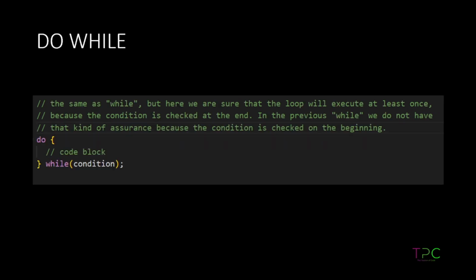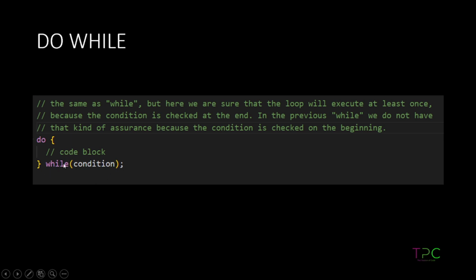Okay, and the last, do while. This is actually the same as a while, but here we've got some assurance that this kind of loop will be executing at least once, because first we put the do keyword, then curly brackets for the code, and the code is executing, and after that we've got the while keyword with the condition.